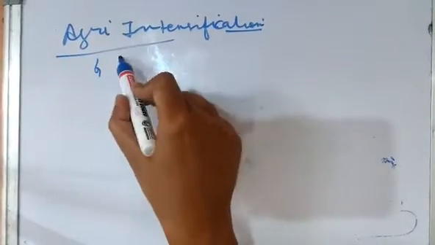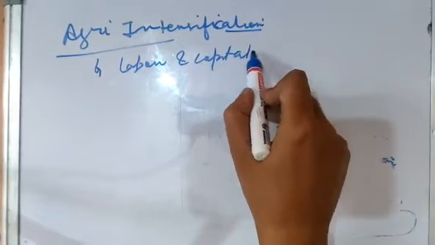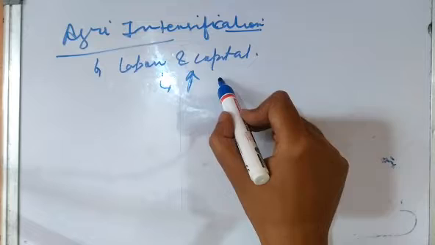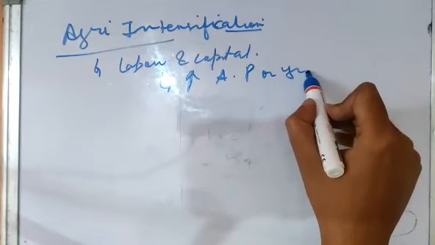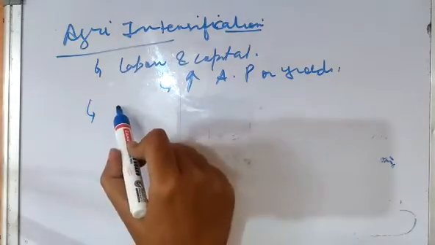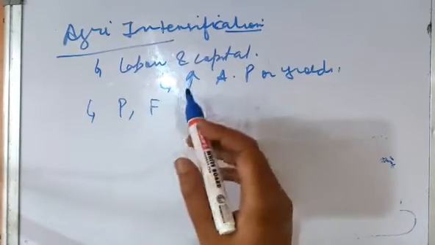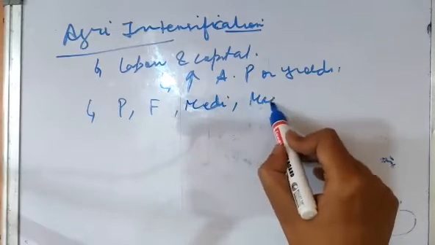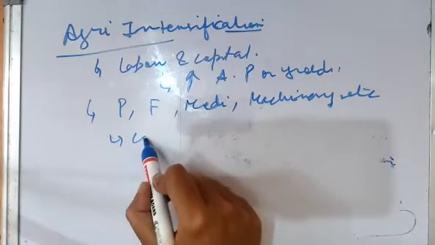Here a lot of labor and capital is used to maximize agriculture produce or yields. Its characteristics are high use of pesticides, fertilizers, medications, machinery, etc. Concentrated feeding of livestock.